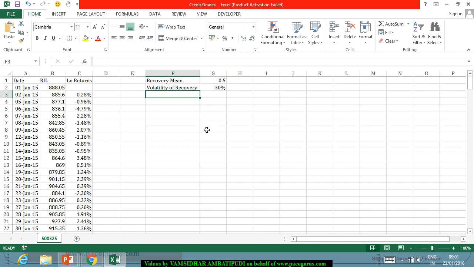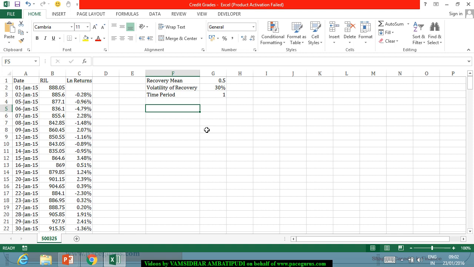And the time period which we are considering for evaluating the default is 1 year. The time horizon for which we are doing this model, I can very well assume to be 1 year.